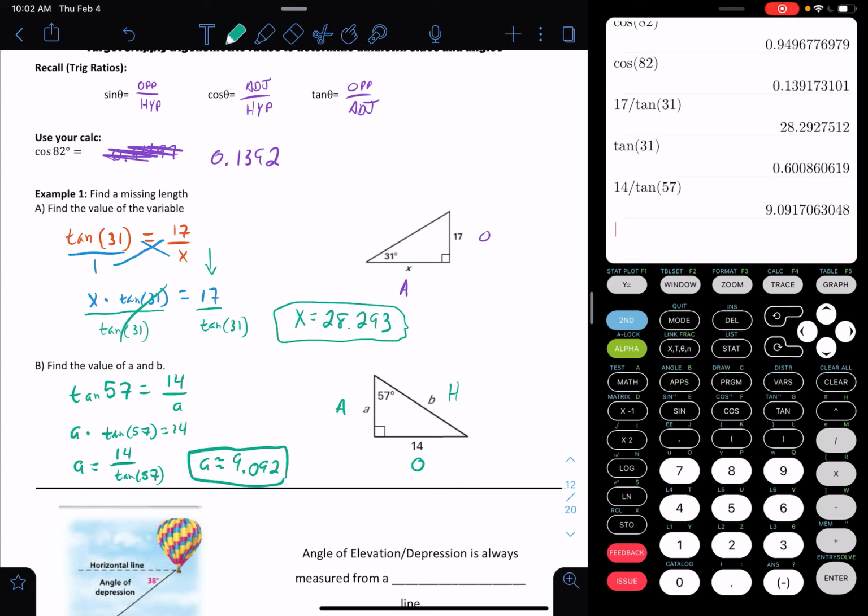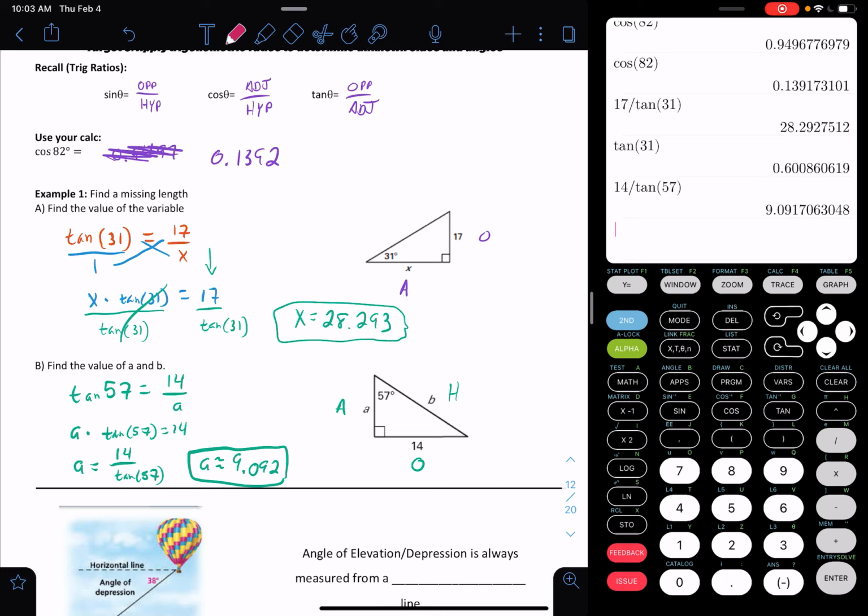Okay, and then to solve for B, I still want to use that 14 because 14 is a nice number. I could technically use this 9.092 now that I have it, but since I rounded that number, I'd rather just stick with the 14 since that's a plain old number, going to be a little bit easier to work with. Okay, so I'm running out of room a little bit. I'll do that over to this side.